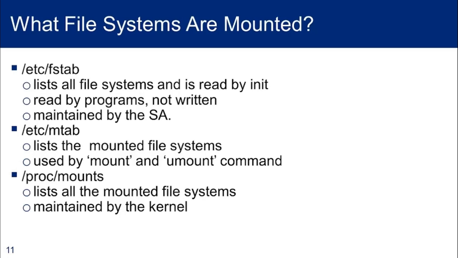However, if the system booted normally, it provides a list of all file systems that should have been mounted when the system booted. /etc/mtab shows what files are actually mounted, and it is updated by the mount and unmount commands. /proc/mounts also lists all the mounted file systems, but it is controlled by the kernel and should really be the authoritative source. You should expect mtab and mounts to agree, but they could easily be different than fstab.